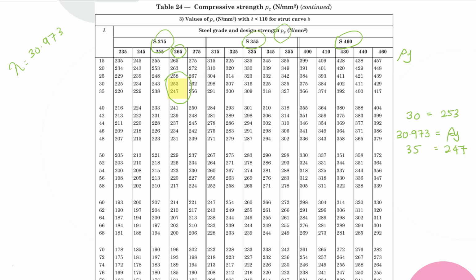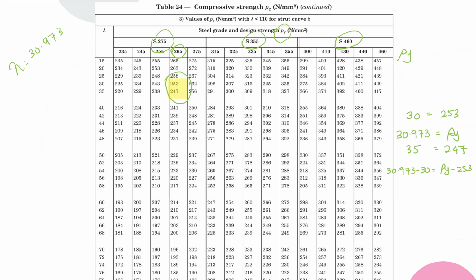So macam mana kita nak dapatkan value ni? So what we can do is we can do something like this lah. Kita boleh cuba, okay, kita ambil 30.973 minus 30 sama dengan PY minus 253.